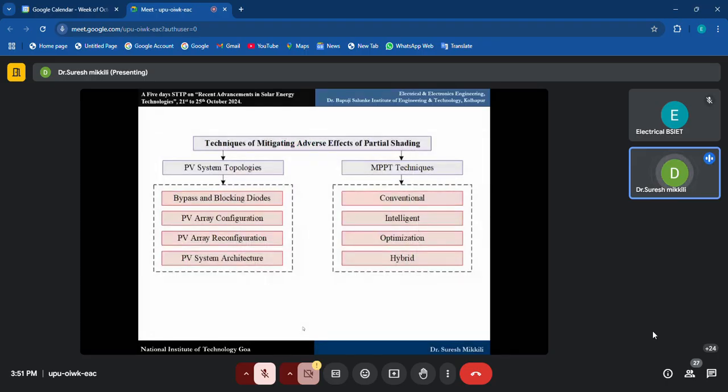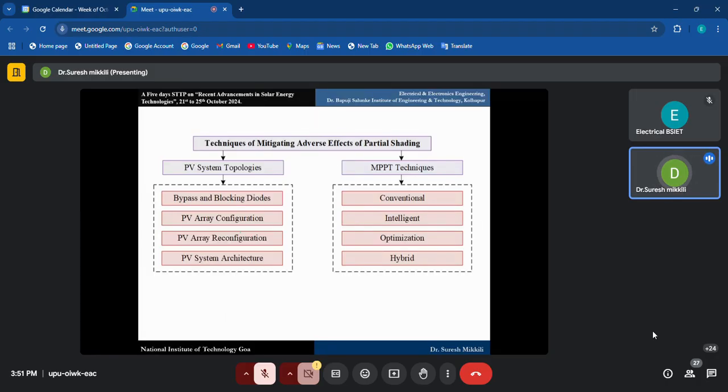Now, what are the techniques we have to mitigate adverse effects in partial shading conditions? We will see. The first one is that we have different PV topologies, and we have MPPT techniques also.